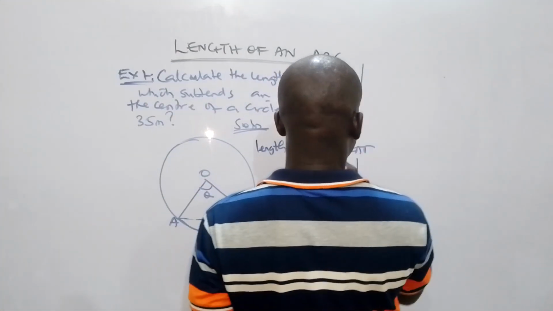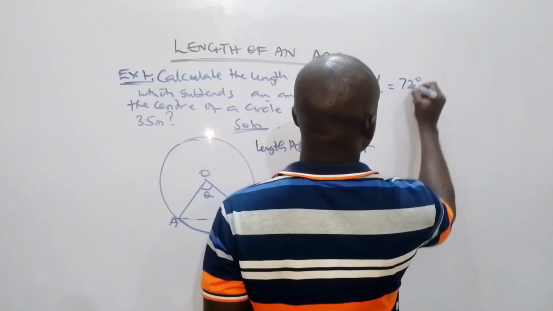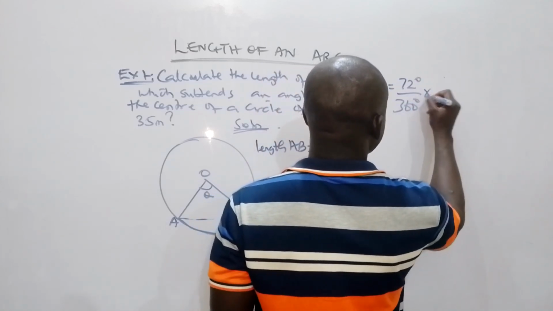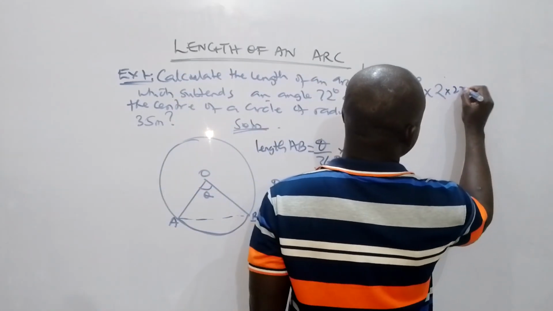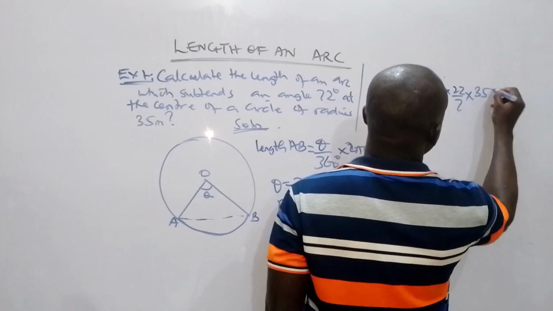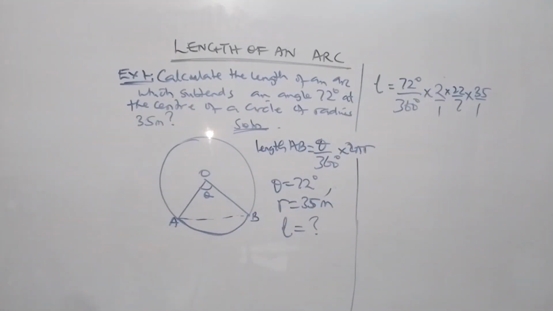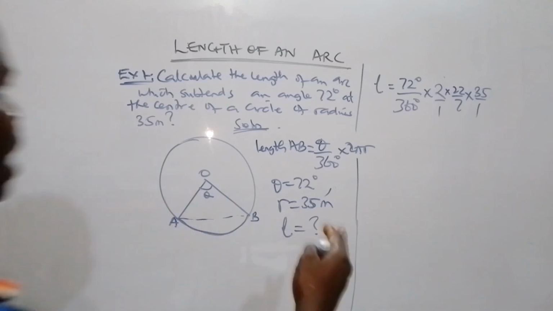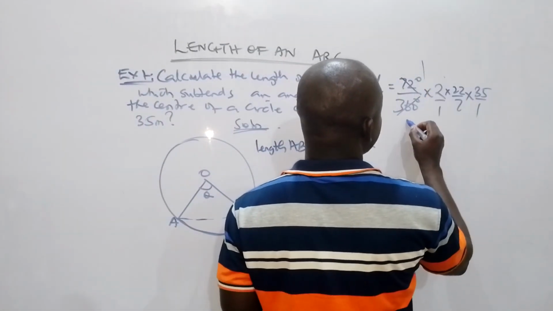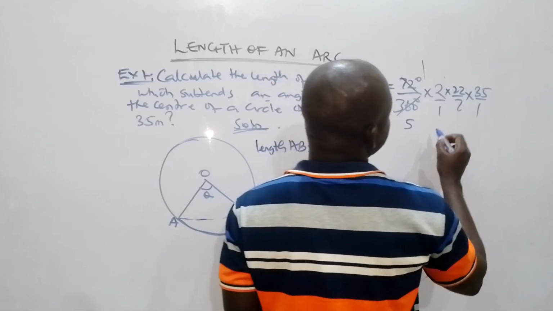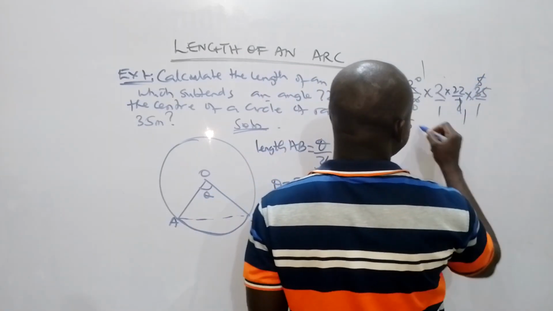So if we apply the formula, the length L is equal to 72 degrees over 360 multiplied by 2, the pi is 22 over 7. That's the standard. 22 over 7 multiplied by radius 35. So you don't really need a calculator here. Just go ahead and do your calculation properly. 72 here is 1, 72 here is 5. 7 here 1, 7 here 5, 5 will take care of 5.